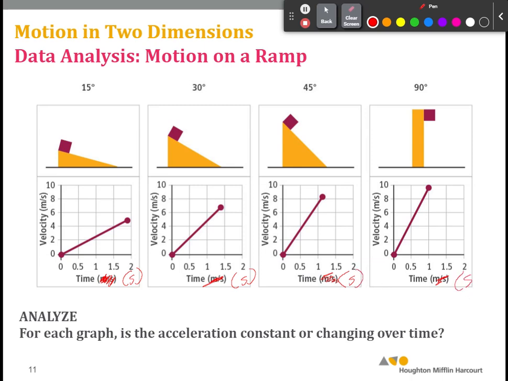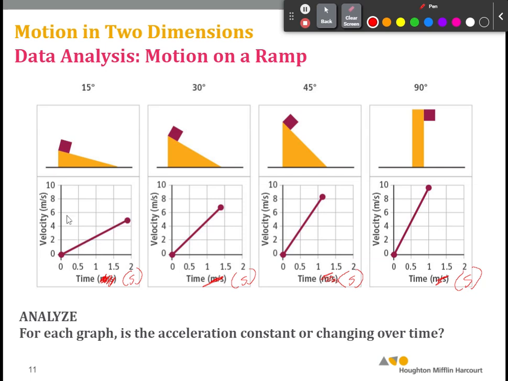So, is the acceleration constant or changing over time? Well, in each of these, we see constant velocity because we see a straight line.